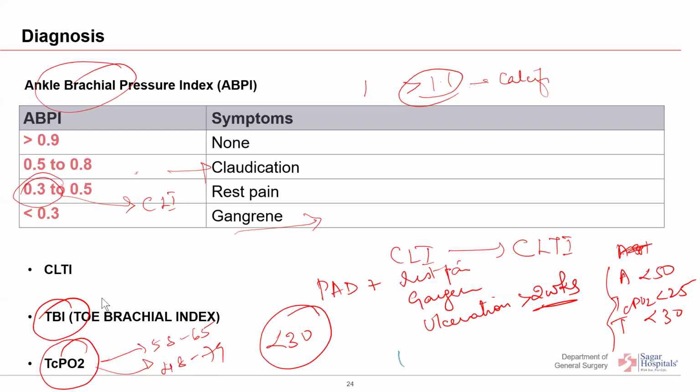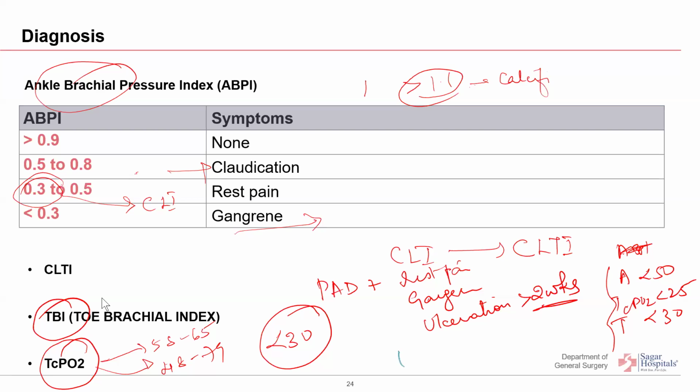Because it's a tight hugging cuff, any internal changes in volume because of the arterial pulsation are picked up by the probe in the cuff. The main advantage is that, similar to TBI, it is less affected by calcification. If you know these 2 points, it is more than enough for the general surgical exams.